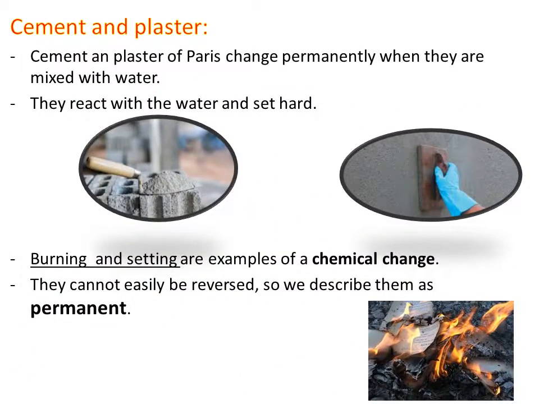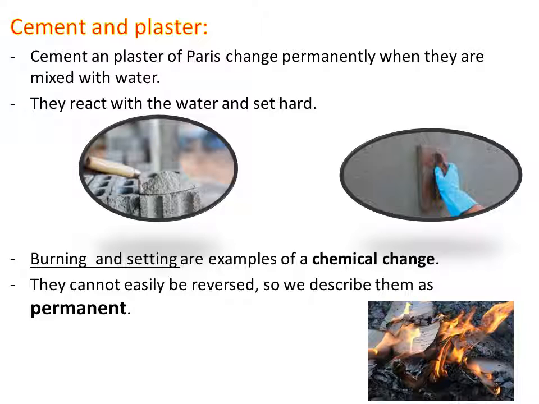Another example is cement and plaster. Cement and plaster of Paris change permanently when they are mixed with water. They react with the water and set hard. Grade 5, we know cement. Look at the picture on the left. This is the cement.